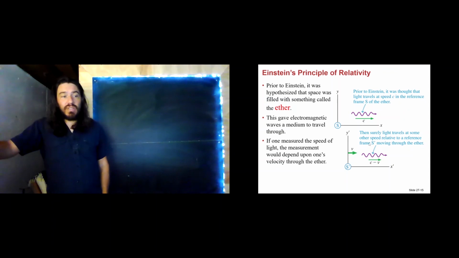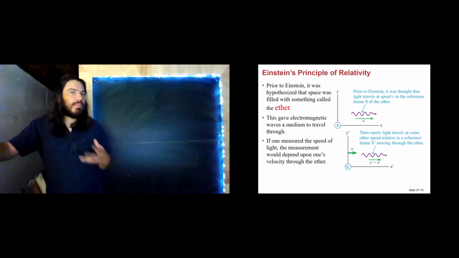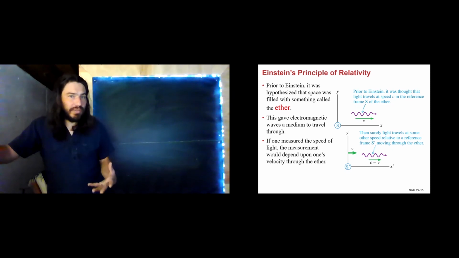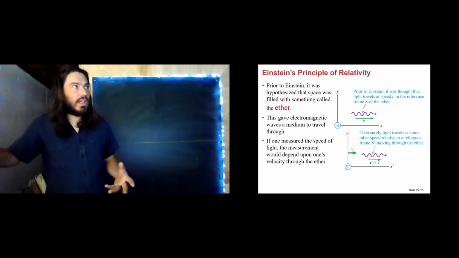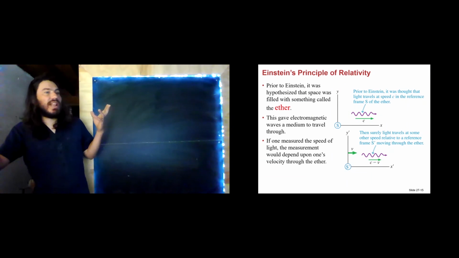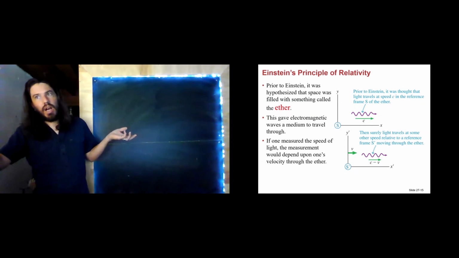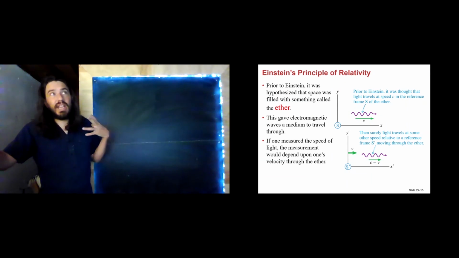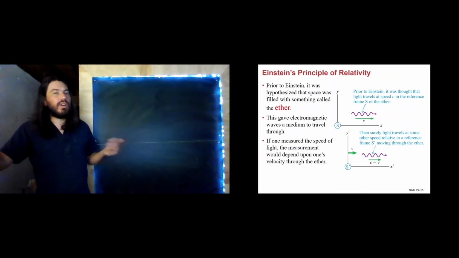In other words, the velocity of light that we measured should depend on how fast we are moving with respect to the ether. Kind of like in this last race car example, the air is carrying the sound wave. So the velocity we measure for the speed of that sound wave depends on whether or not we are moving with respect to that air, as we've seen in the previous couple of examples.